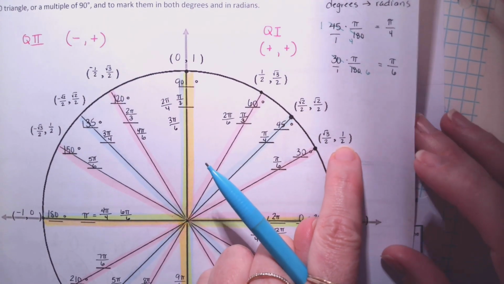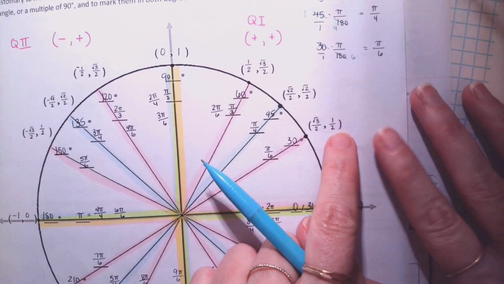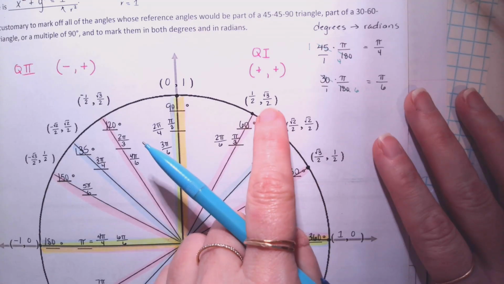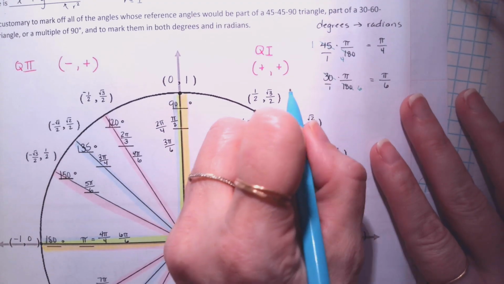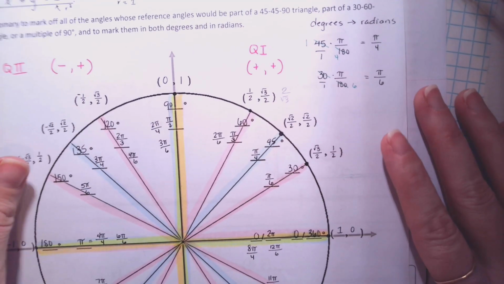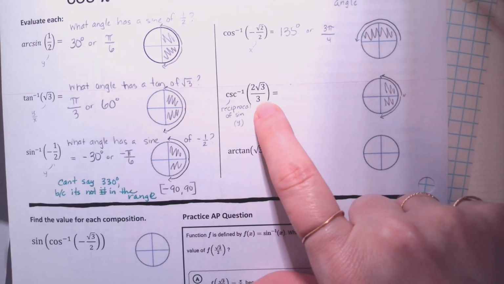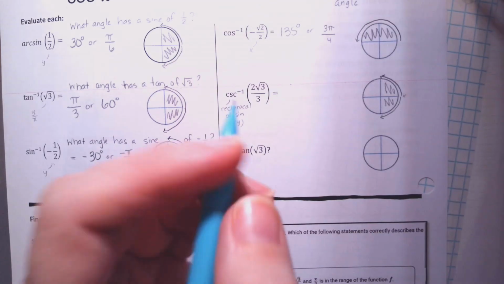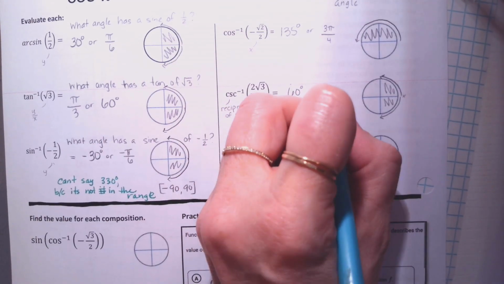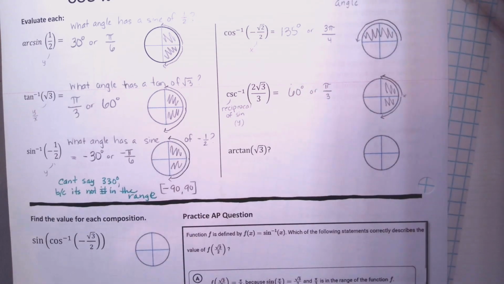If I flip over this, well, that's not 2 root 3 over 3. If I flip over this, I'm not going to get a 3 anywhere, but if I flip over this guy, I would get 2 over root 3, and 2 over root 3 would rationalize to 2 root 3 over 3. So we're going to write down 60 degrees or pi over 3 in radians.